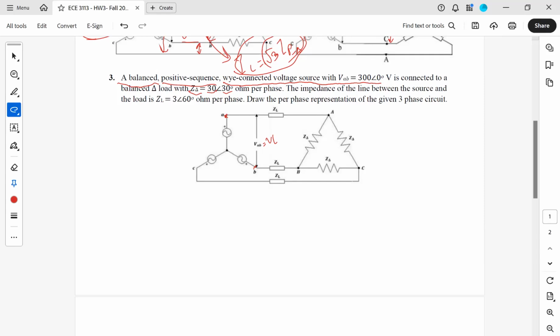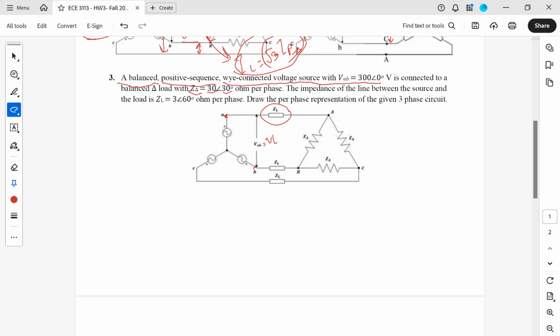Now, it gives the impedance of the line between the source and the load. This line impedance is 3 ohms with a phase angle of 60 degrees. The question asks us to draw the per-phase representation of the given three-phase circuit.